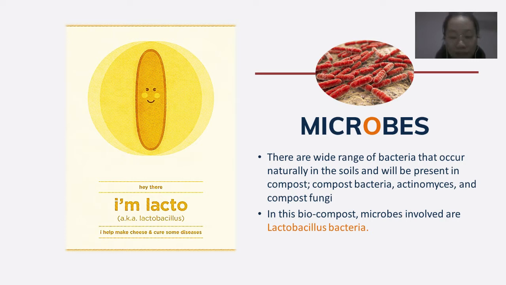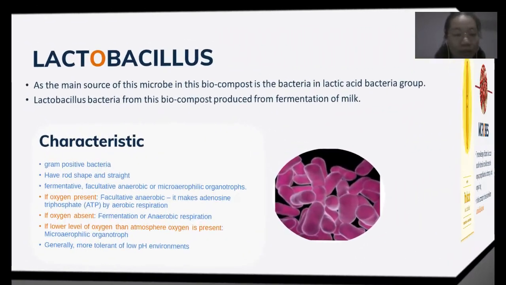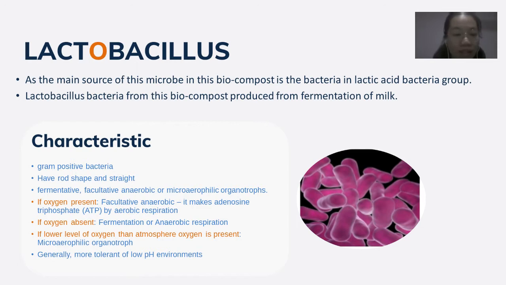In this biocompost project, we will be focusing on the compost bacteria, which is lactobacillus bacteria. Lactobacillus from this biocompost can be produced from fermentation of milk. And here I'll explain some of the characteristics.